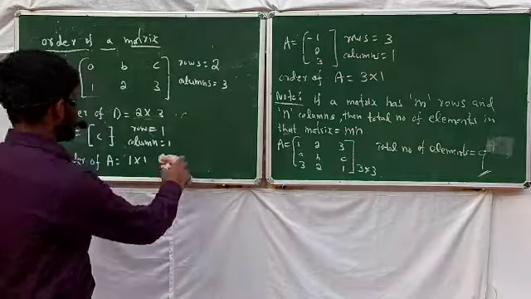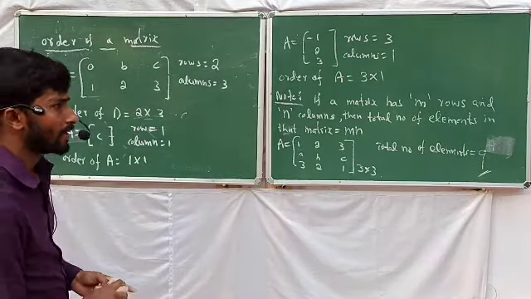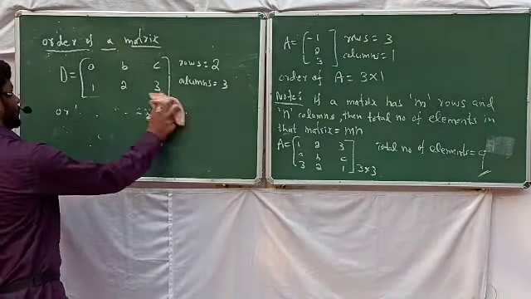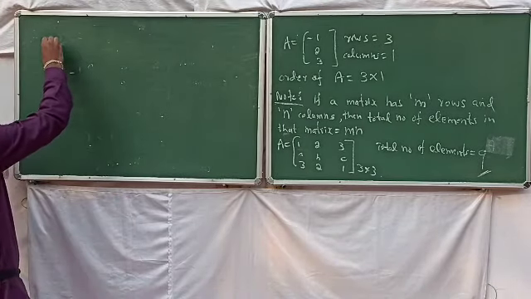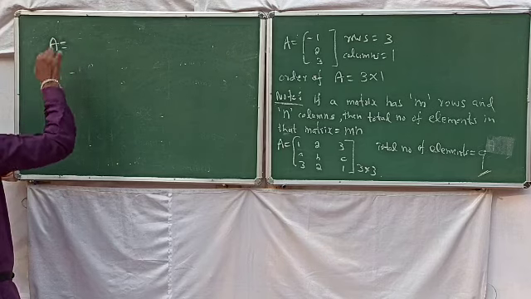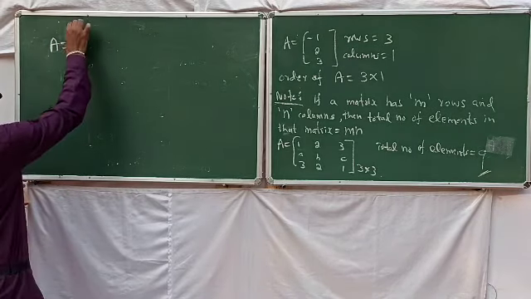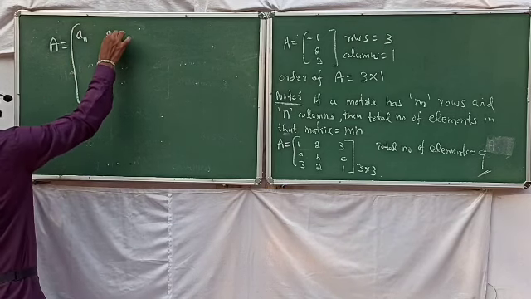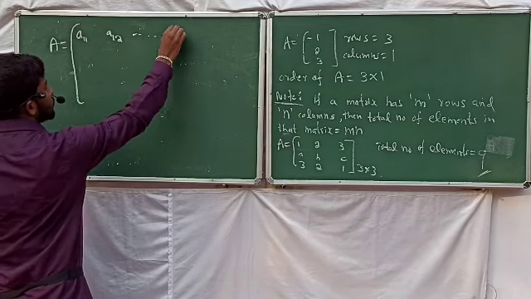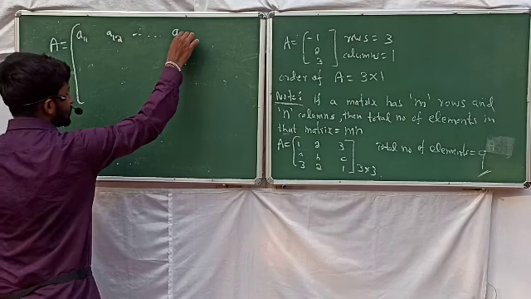Okay, now the general representation of a matrix. Suppose I am considering one matrix A. Then A is equal to a11, a12, dash dash, a1n.